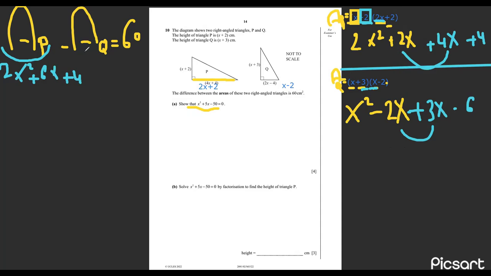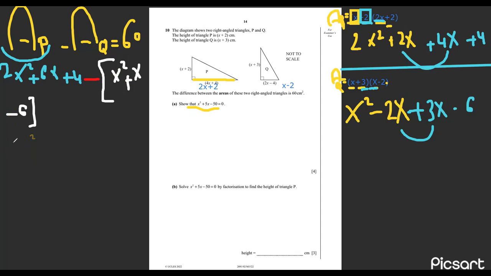So for triangle Q, remember we have to subtract it. So we say minus, open a bracket, because we're going to change the signs of everything inside: x squared plus x minus 6, then close the bracket. So the negative sign applies inside, and the signs change.